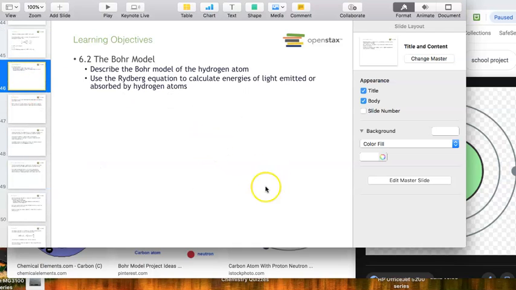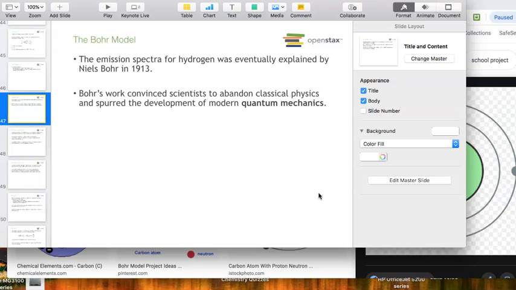Okay, so we're starting here with section 6.2, the Bohr model. The Bohr model describes the hydrogen atom. There are different ways you can calculate the amount of energy needed for electrons to move into different energy levels.